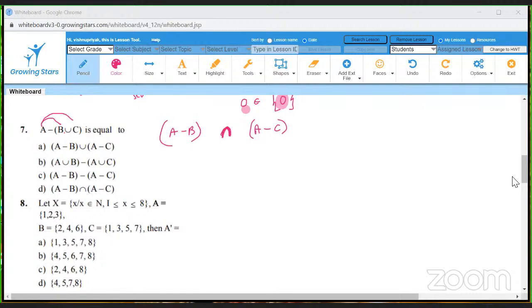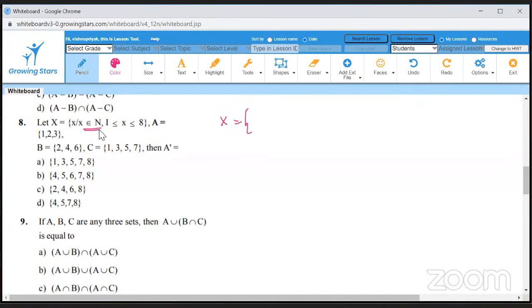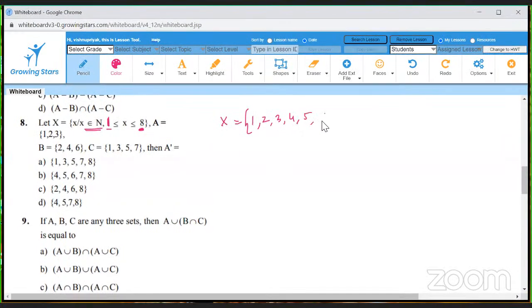Okay, next 8th. How many of you did 8th? A dash. First of all, you have to take X. X means natural numbers starting from 1 and ending at 8: 1, 2, 3, 4, 5, 6, 7, 8. Now, what is A dash?